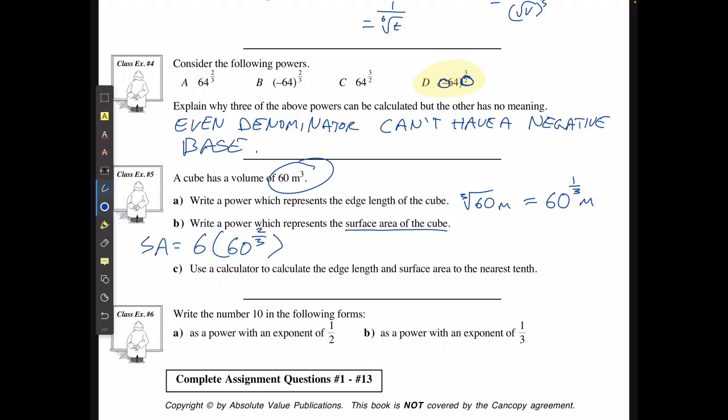Now, when I'm doing this, take a second, plug it into your calculator. If you're doing a rational exponent, you might have to put into your calculator 6 times 60 to the power of bracket 2 divided by 3.